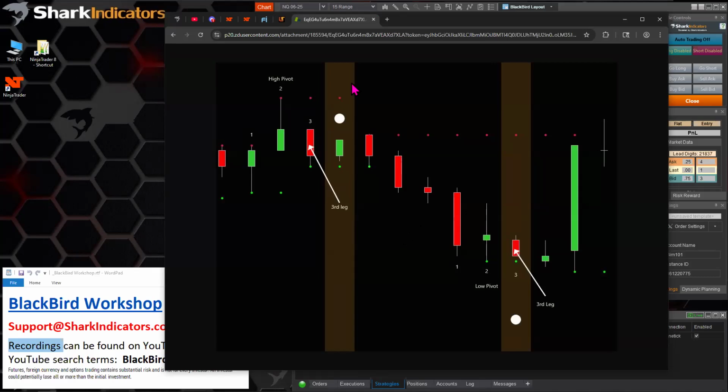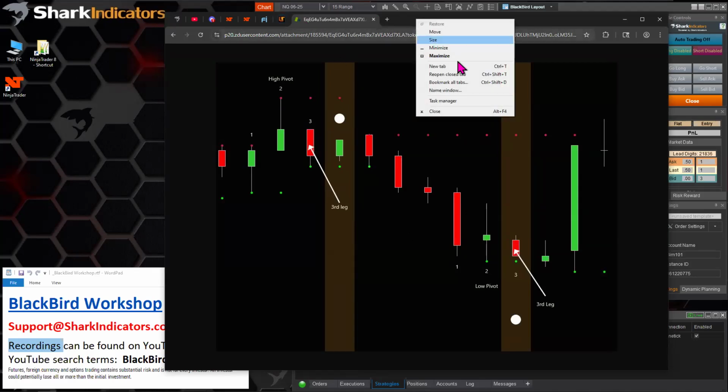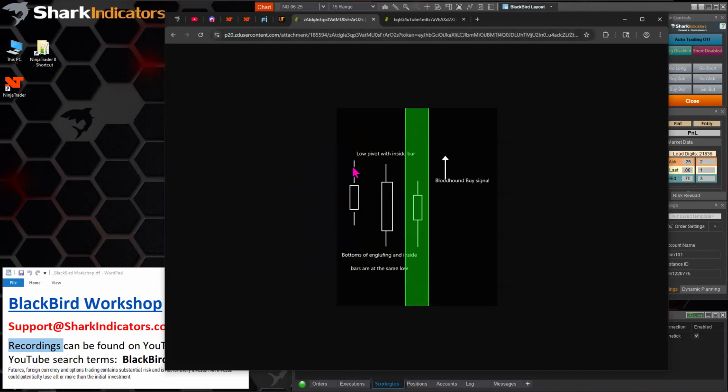Actually, I had deleted one of the screenshots. There we go, this is probably the better screenshot. So we built this signal here. When price is coming down, there's an inside bar and a double bottom, and so this would have generated a long signal. Today we're going to incorporate that into Blackbird. So that'll be our first Blackbird question.